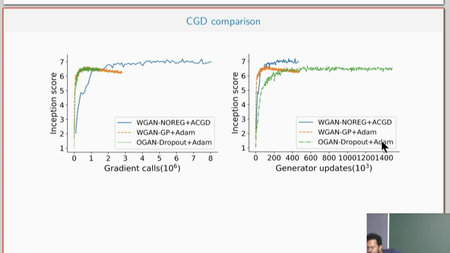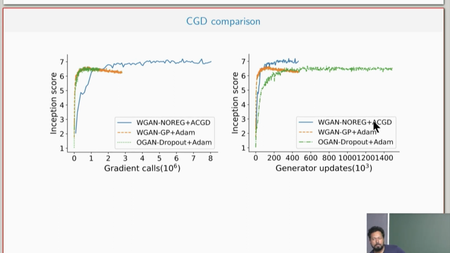So they are comparing with Adam, and ACGD is the blue one. Higher is better. Inception score, if you recall, is the score given for the CIFAR-10 data set. You can also do it for 100. This means 10 classes, so 10 is the best. The higher is better. So 7 point something is achieved by CGD.